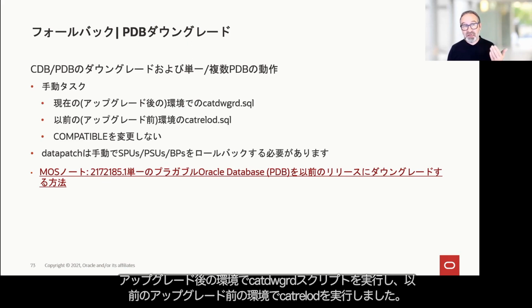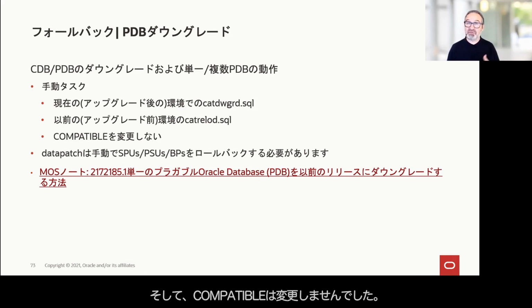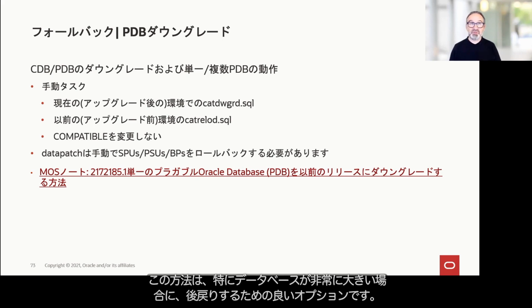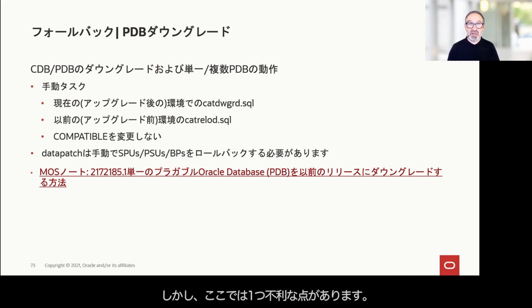Because when we do a downgrade, we can downgrade the entire CDB or the PDB alone. And when we run the catdwgrd script in the after-upgrade environment and catrelod in the previous, before-upgrade environment, and we didn't change compatible, we may be back in 15 or 20 minutes because the downgrade is very fast. So this is a good option to go backwards, especially when your database is very big. But it has one real disadvantage.